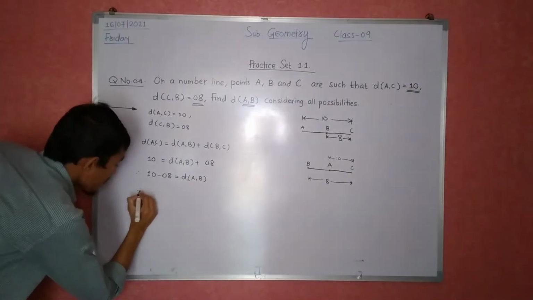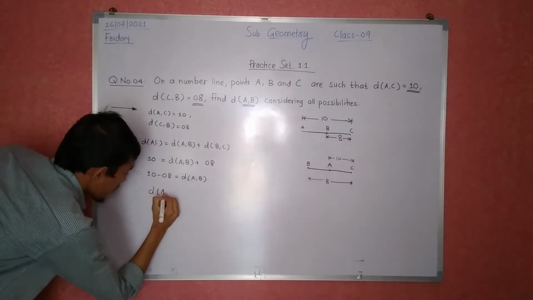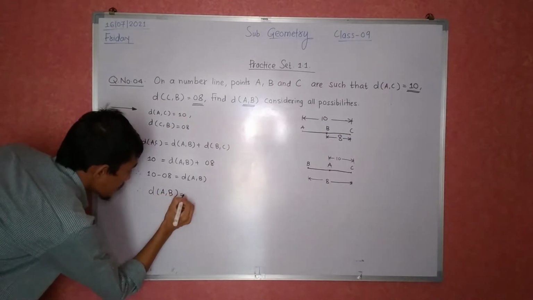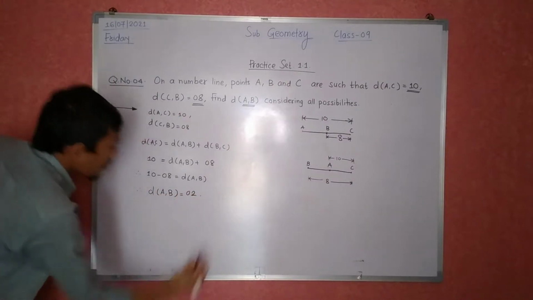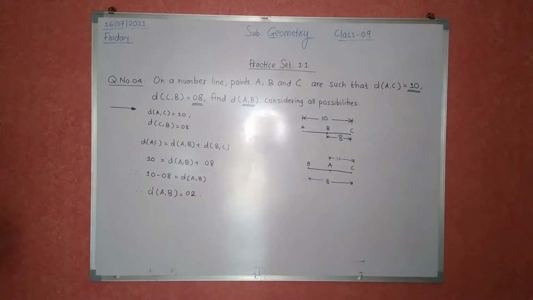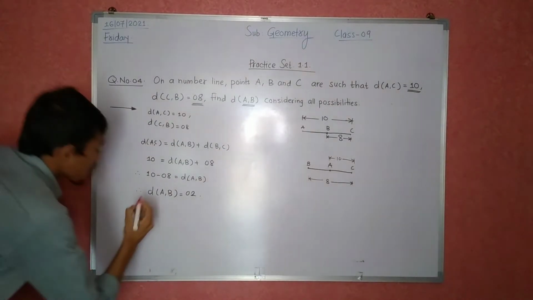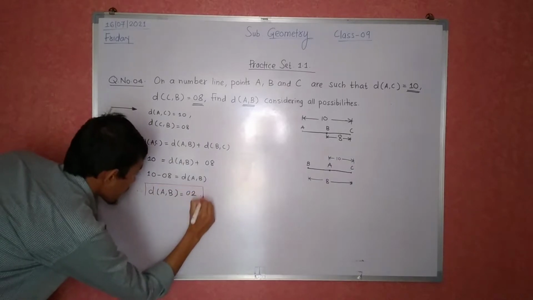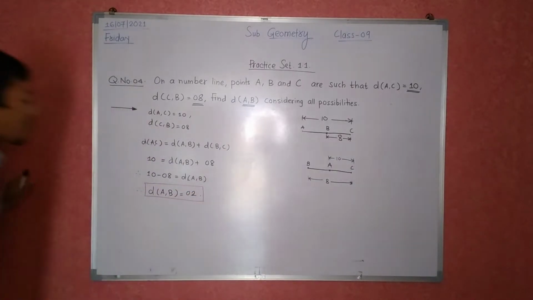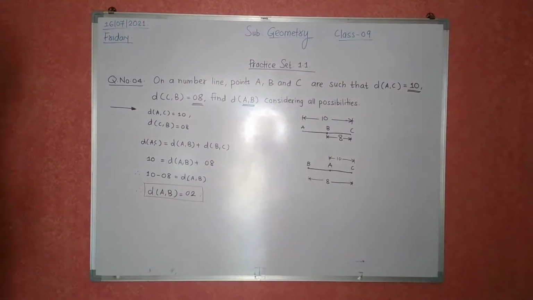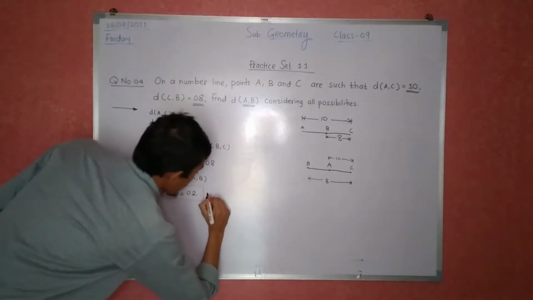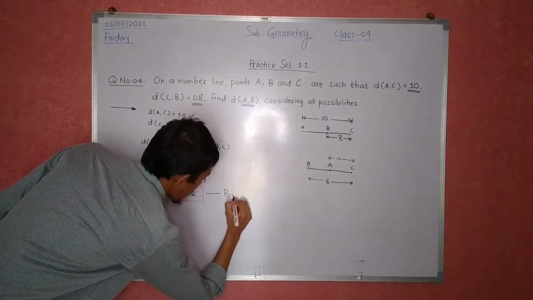Okay, so therefore we get the value of D of AB is equal to 2. Okay, so 10 minus 8 is nothing but 2. So from first case we got the answer as D of AB equal to 2. Okay, possibility 1.